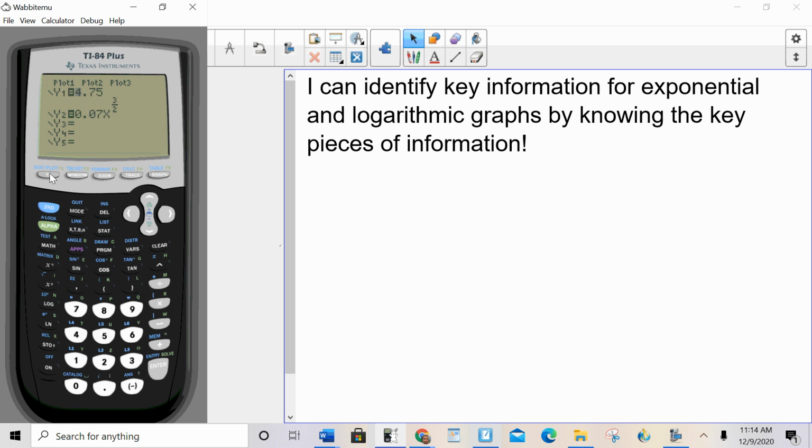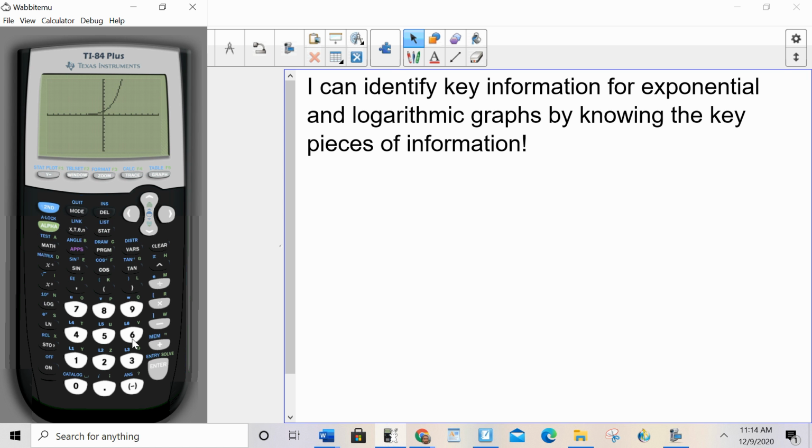So let's go to the calculator. Let's go to y equals, and let's type in an exponential equation. So I'm going to type in 2 to the power of x, and I'm going to look at it. Oops, let me just bring back my regular window. Now, this is what we call the parent function of an exponential graph.